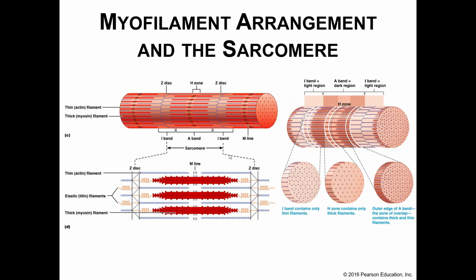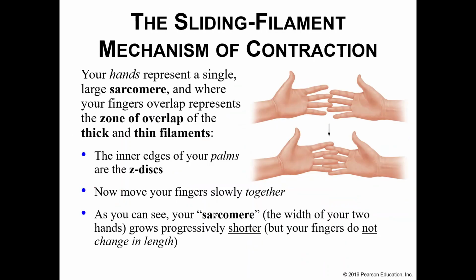Your myofibrils are sarcomere after sarcomere after sarcomere. Sarcomeres are the unit of muscle contraction. This is where muscle contraction happens. You will notice that your fingers do not magically become shorter.